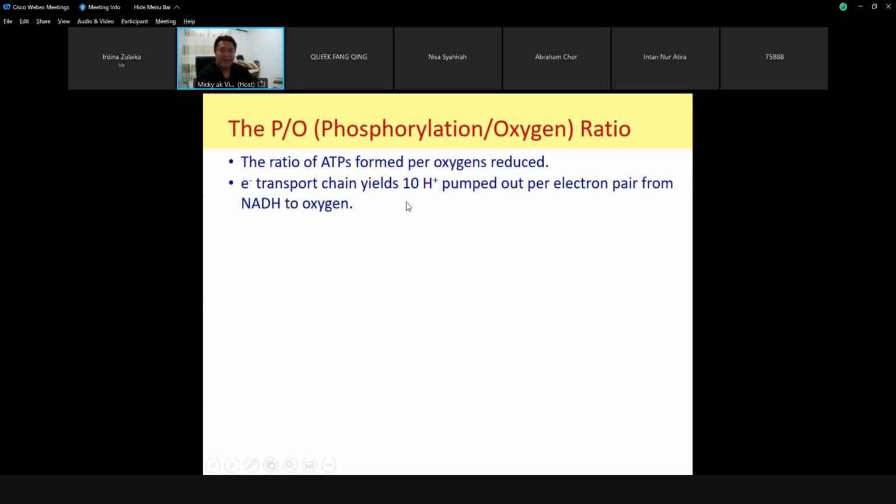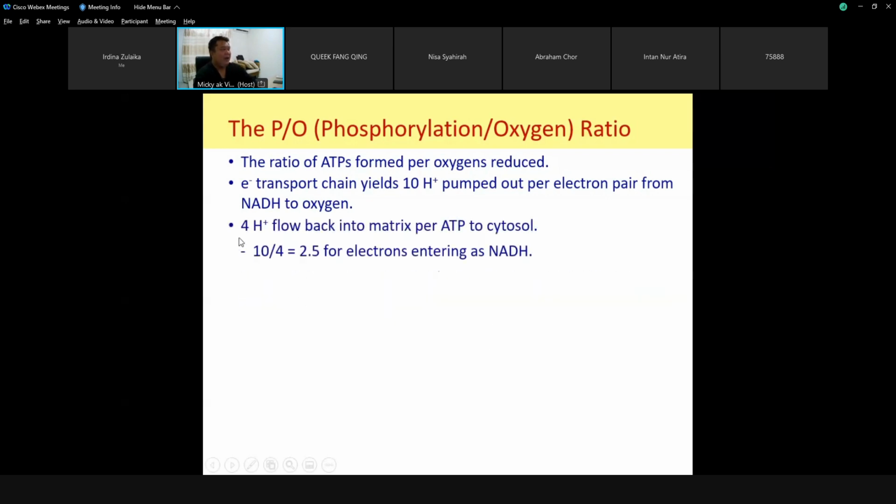We established that just now, remember? 10 hydrogens are pumped out per electron pair, from not just NADH but also from FADH2, to combine with the oxygen. Then oxygen combines with hydrogen and becomes water. We already discussed that earlier.